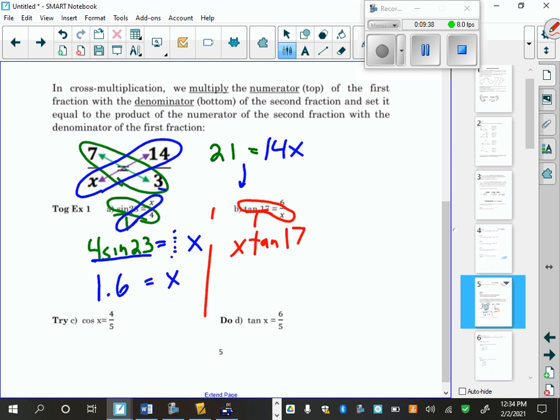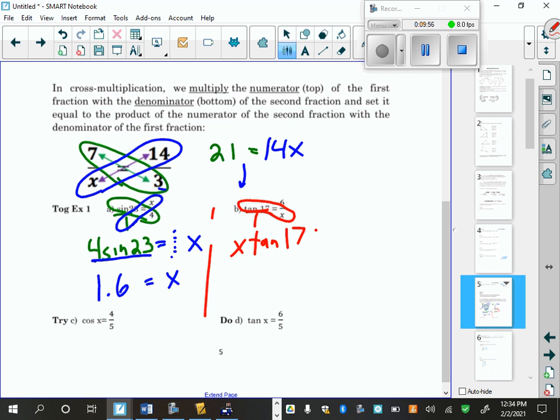That's what x tan 17 means, x times tan 17. Now you usually put the x and the number in front of the sine, cos, and tan. Now obviously, you don't need to know what we're doing after, because we haven't even talked about tan yet, or cos. But I just want the process of cross multiplying.